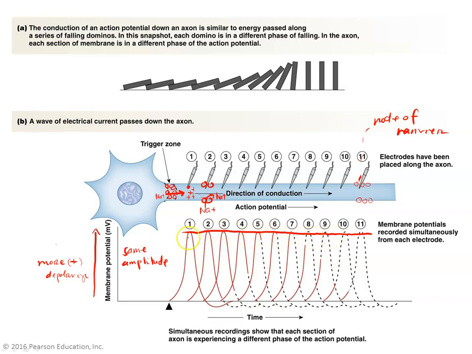And the anatomy tells you the function, right? If I have X amount of voltage gated sodium channels and a specific gradient, then I'm going to hit this same amplitude all the way down the axon, okay?